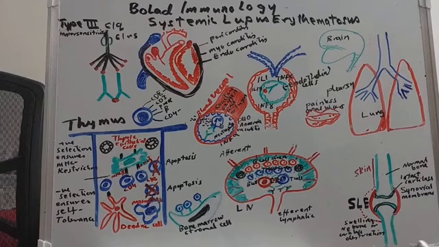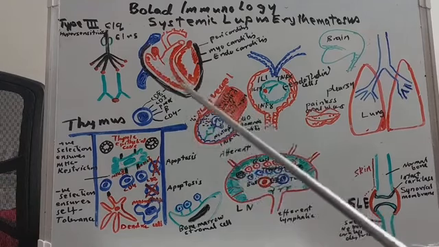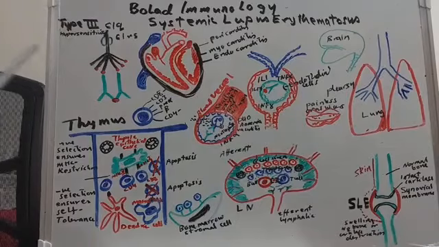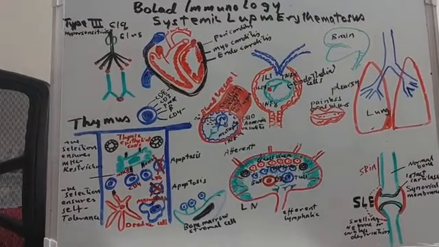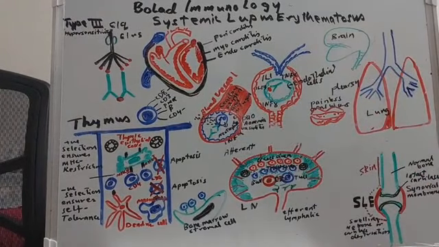Also, a patient with SLE may present with anemia. Regarding the blood vessel, as I mentioned, it is an immune complex disorder. When they reside here, they will lead to vasculitis.